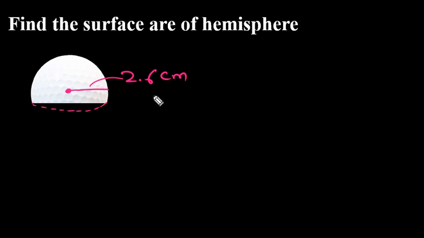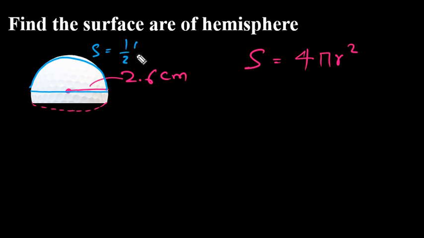Now in this case, find the surface area of the hemisphere. How will you solve this? First, the surface area of a sphere is 4 pi r square, right? And if you cut this from the center, then the surface area of this part will be half of 4 pi r square.